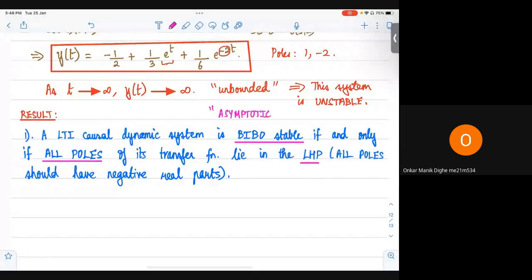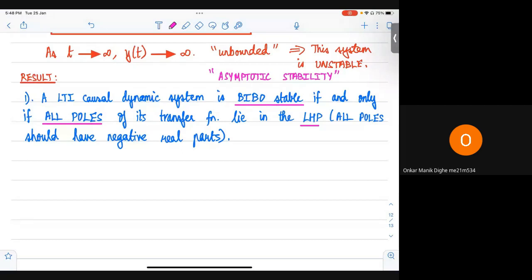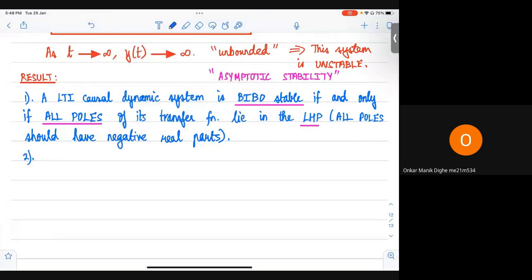I'm just writing an alternative term which you will encounter. We will see what asymptotic stability is later on, but the criterion is the same. People may say a dynamic system is asymptotically stable if all its poles lie in the left half of the complex plane. That's a different statement which you will encounter.